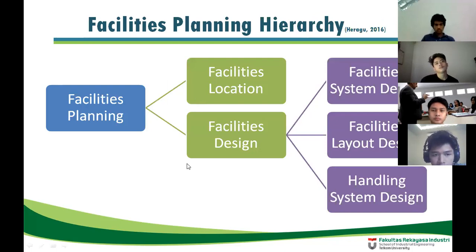And then what about the scheme of facility planning? This is the chunk of our facility planning, the facility planning dimensions. Facility planning will be divided into two different dimensions. First, we want to know the best location.